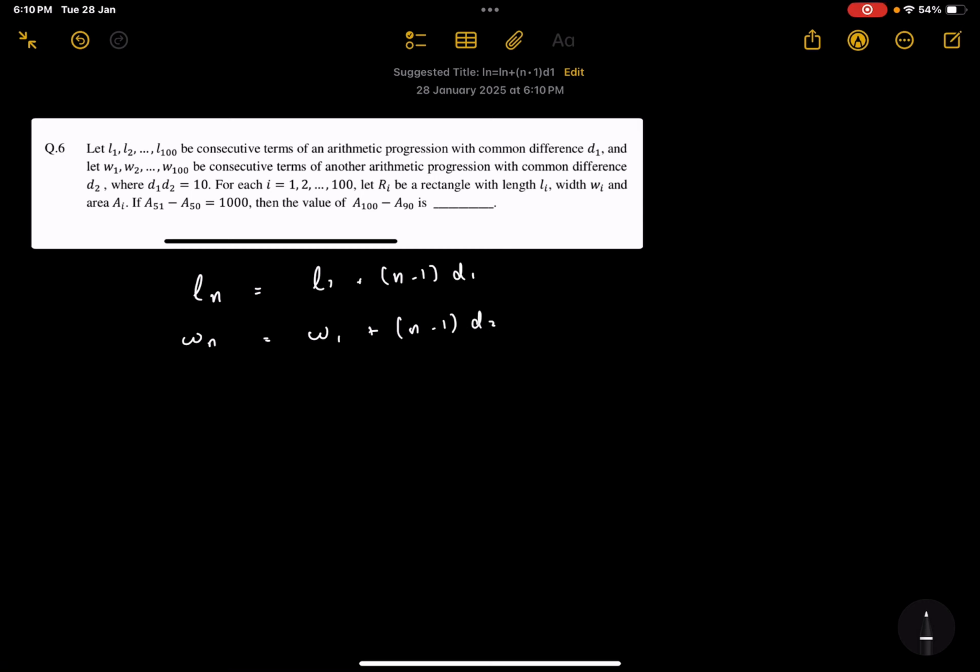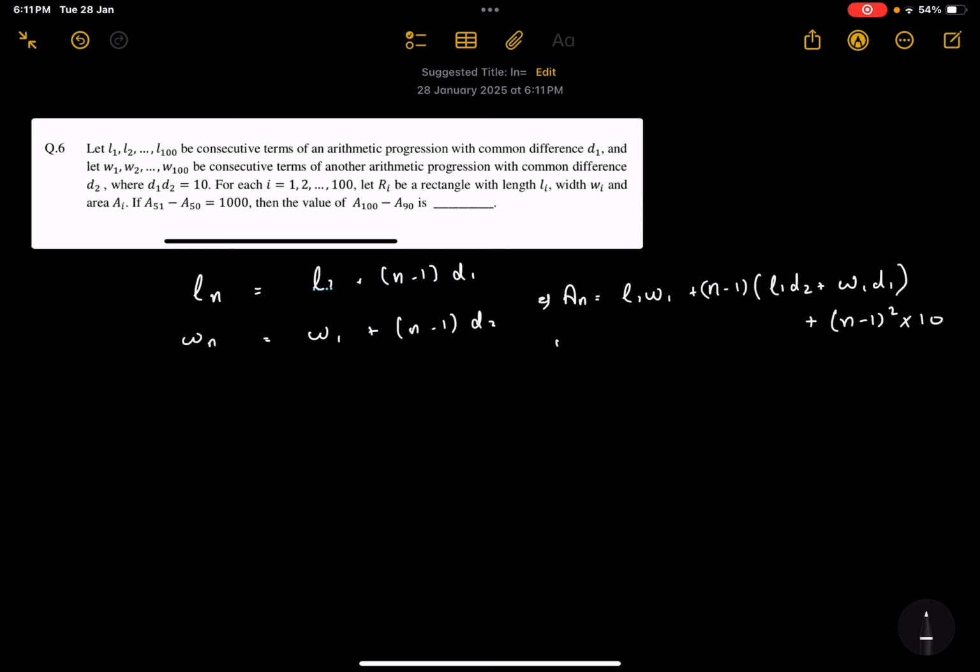times d2, which gives us ln times Wn, which is An, which is (L1 + (n - 1) d1)(W1 + (n - 1) d2), which includes the term (n - 1) squared d1 d2, which is given to be 10.